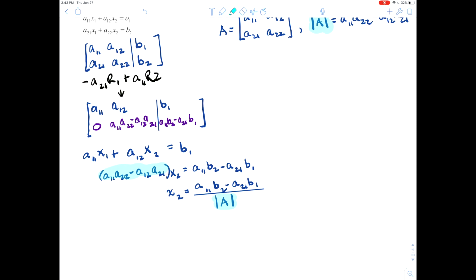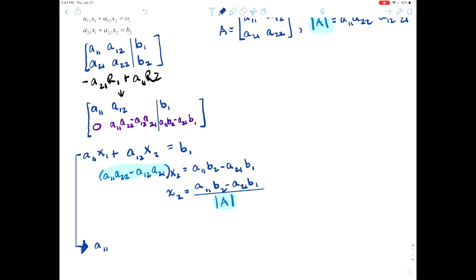All right? And that'll make it look a little prettier. So that's what we have for x2. Now, for x1, we can work with this equation here and then substitute what we got for x2 into that one.